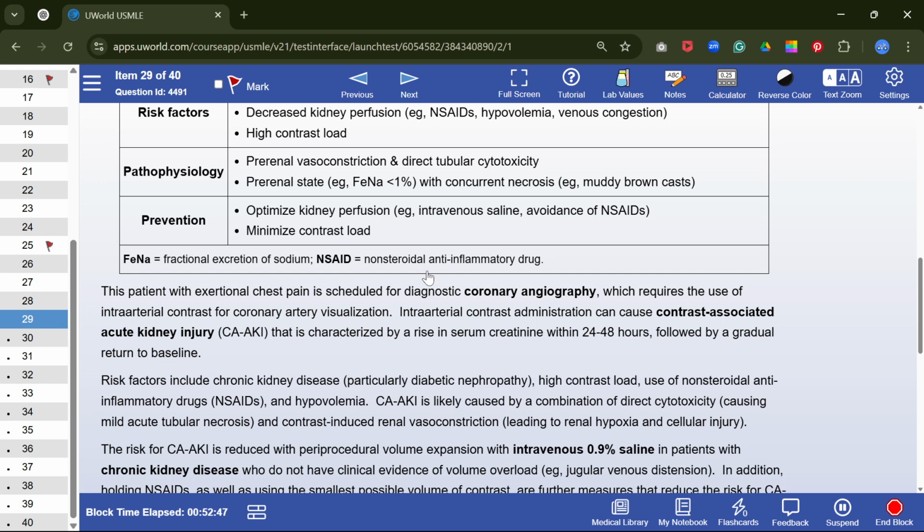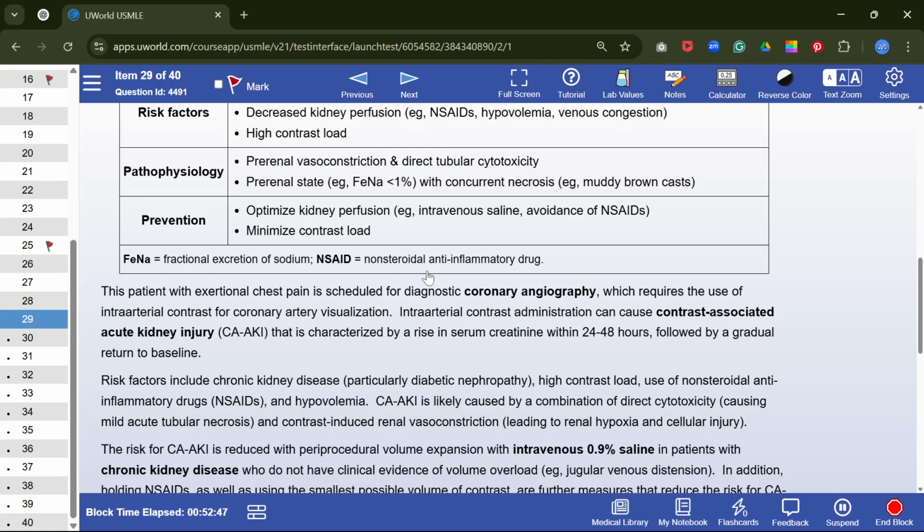Intra-arterial contrast administration can cause contrast-associated AKI that is characterized by rise in serum creatinine within 24 to 48 hours, followed by a gradual return to baseline.